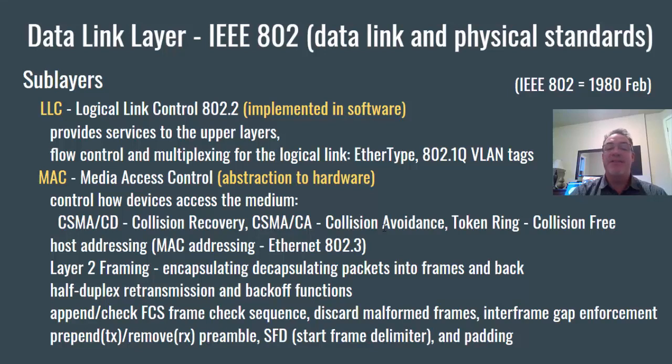CSMA/CA, collision avoidance, if it's wireless Ethernet, we can't have collisions, we need to avoid collisions, and we use wireless access points to help us with that. And then token ring, if it's not Ethernet, maybe it was another technology like token ring, which was a collision-free way of accessing the wire. You had to have the token to get on the wire.